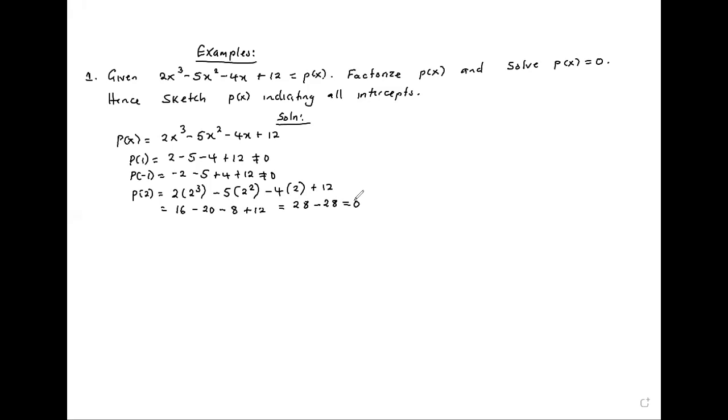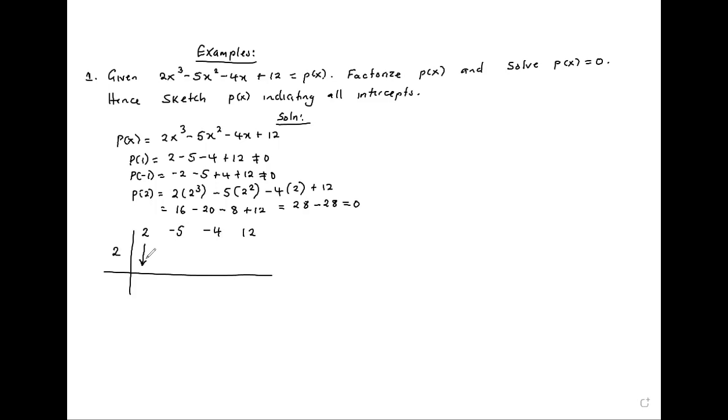So since 2 is a factor, we can go to synthetic division. Place 2 here, and collect the coefficients of the variable x. Starting with the highest degree, we get 2. For x squared, negative 5. For x, negative 4. The constant, 12.